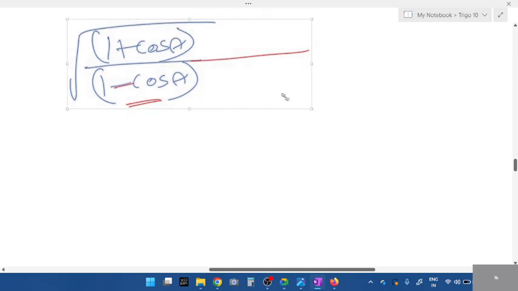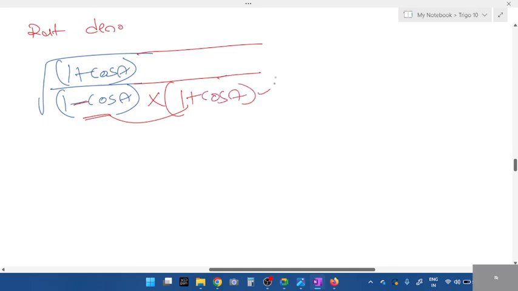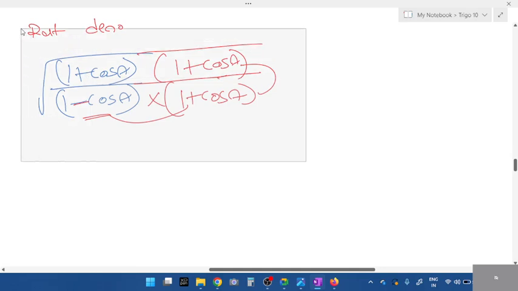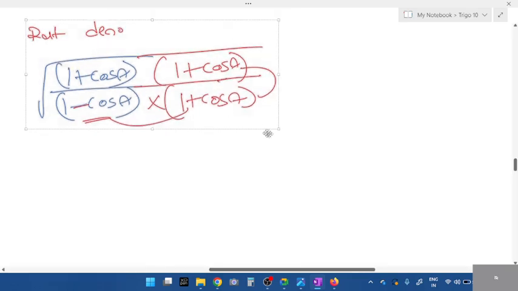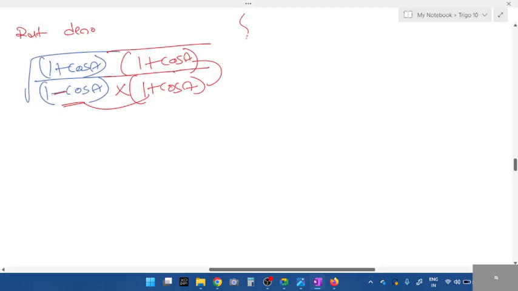If I tell rationalizing denominator, what does that mean? I have to multiply it by the opposite sign. What should I multiply? 1 plus cos A. And the numerator also should be 1 plus cos A. With respect to which one we rationalize? Numerator or denominator? Denominator. Very good. That is known as rationalizing denominator.